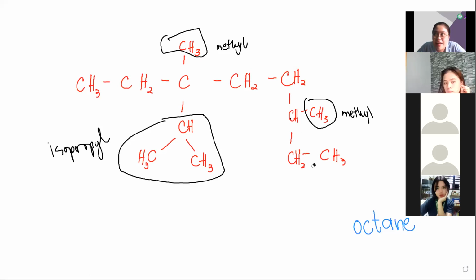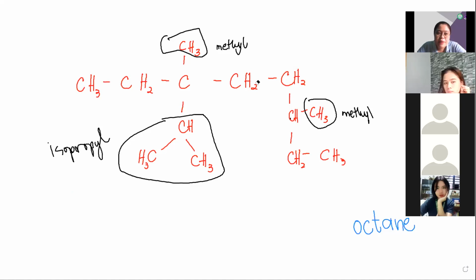So malilito ka ngayon saan ka magka-carbon number 1. So the next rule na i-set natin dito is mag-carbon number 1 ka doon sa substituent na mauuna in the naming. Meaning the basis will be the alphabetical order. So I told you a while ago that prefixes like di, tri, the sec, and the tert are not included in the alphabetical arrangement, but the iso is included.